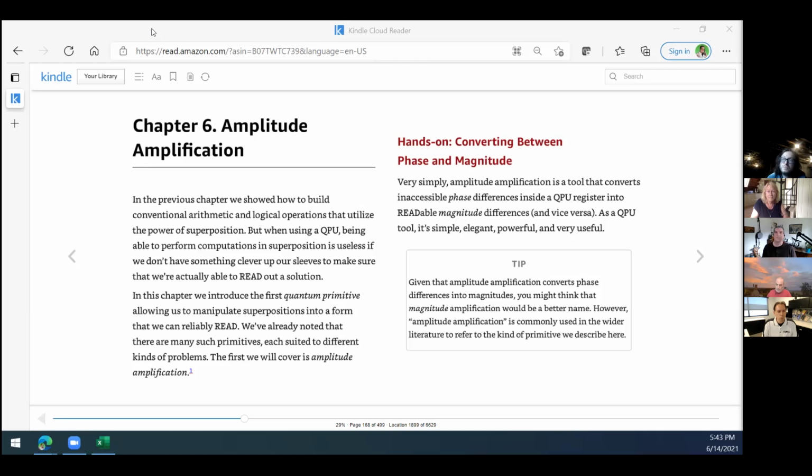All right. So phase cannot be read directly, is that correct? We have to read magnitude. So we do this phase magnitude swap so that we can read the magnitude, which used to be the phase, because we wanted to get that data instead.